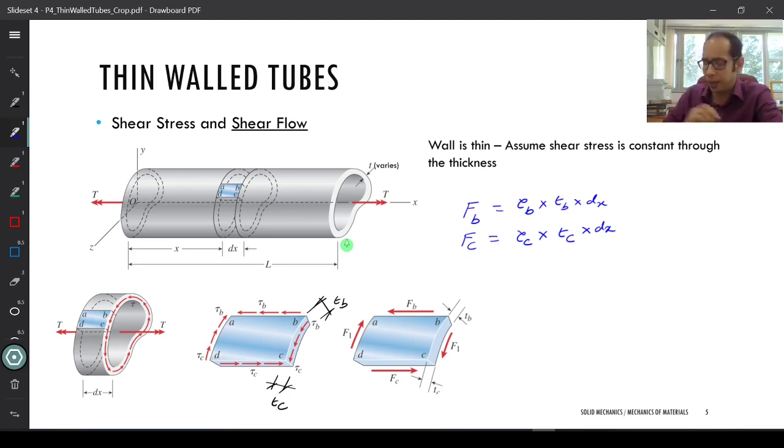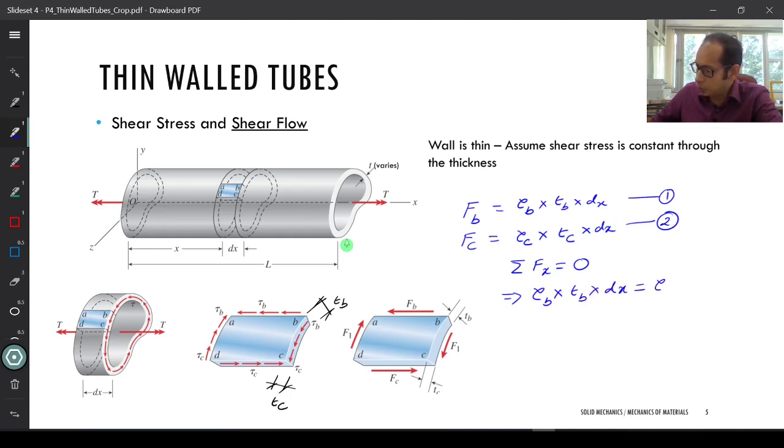So if I go ahead and write that, from my summation of Fx equals 0, which is always valid, what I can write from these two equations 1 and 2 is tau b times Tb times dx must be equal to tau c times Tc times dx, right?